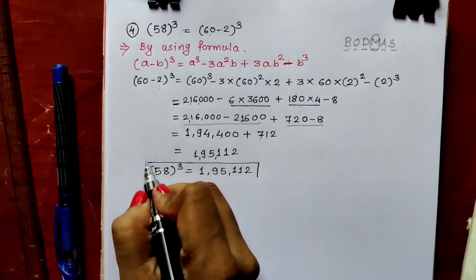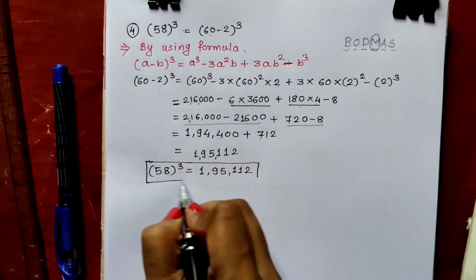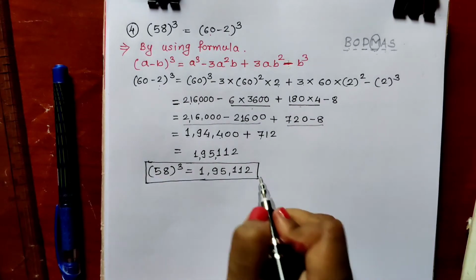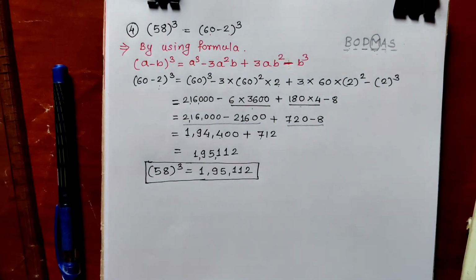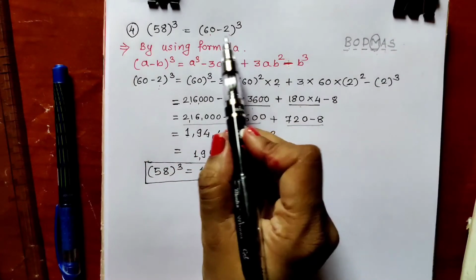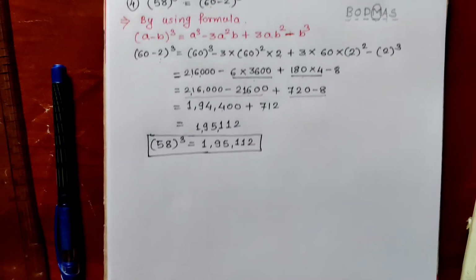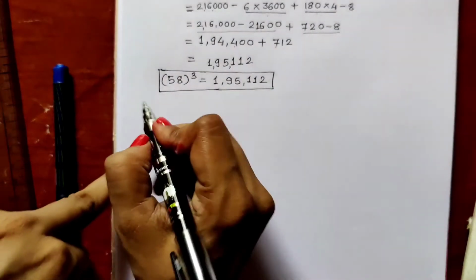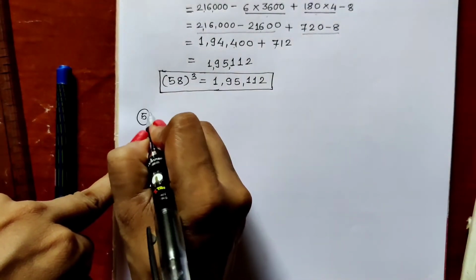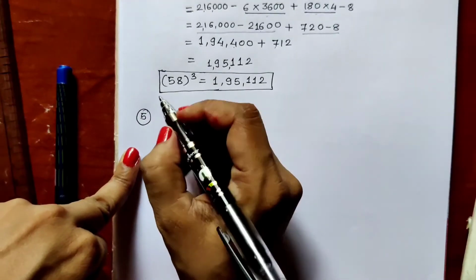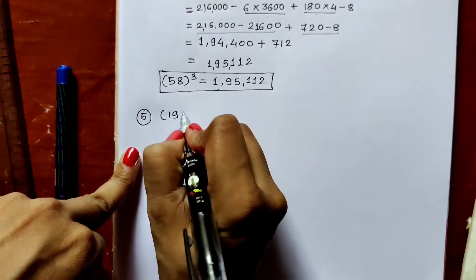So in this way we will have to solve the sums which have a single number and its cube, and we have to expand, so convert it into the subtraction of two numbers. Same way we will be solving the fifth sum. In the fifth sum the number is 198 cube.